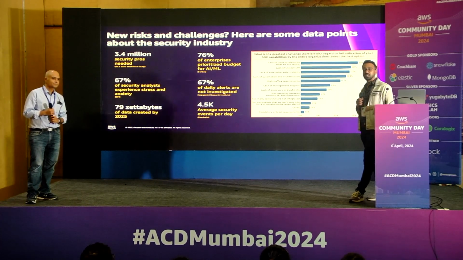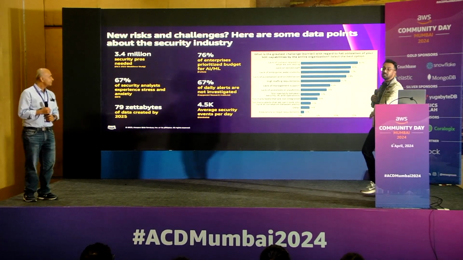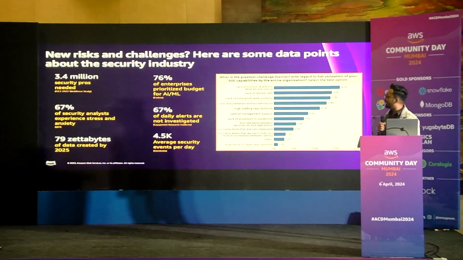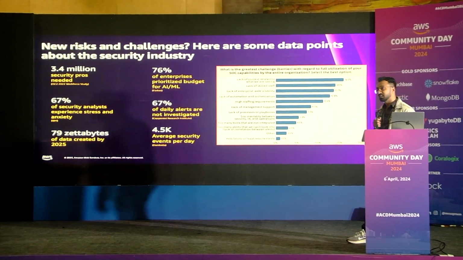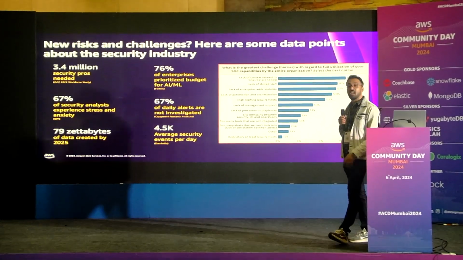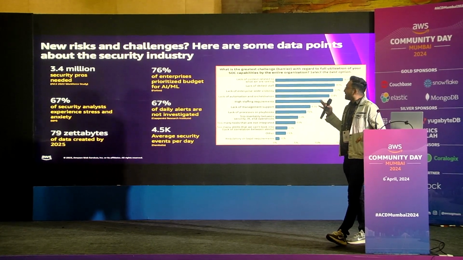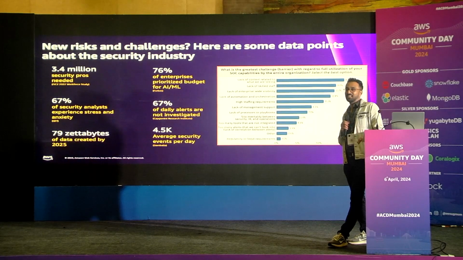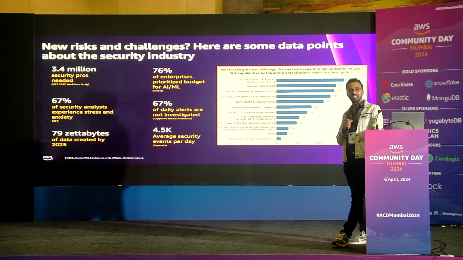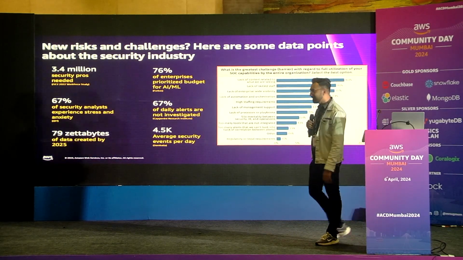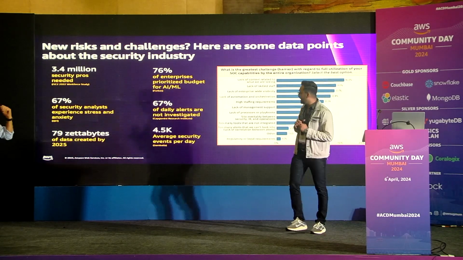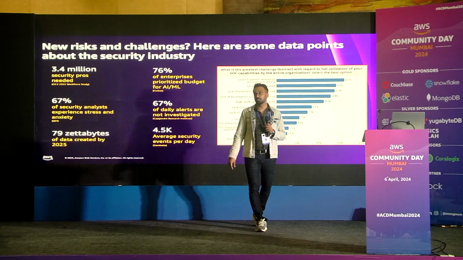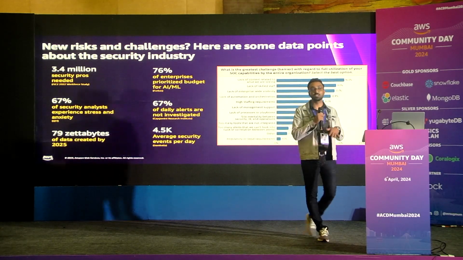The stats on the screen say that 3.4 million security professionals are needed, 76% of people are prioritizing budget for AI/ML, 67% of threats would never be investigated, and 67% of analysts experience stress, stress that we never talk about, right? Out of 4.5K average security events, only 67% would have been covered. The rest, all we can say is, jane do.